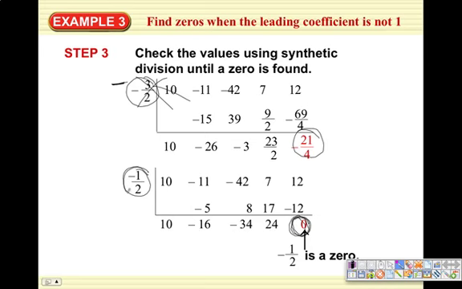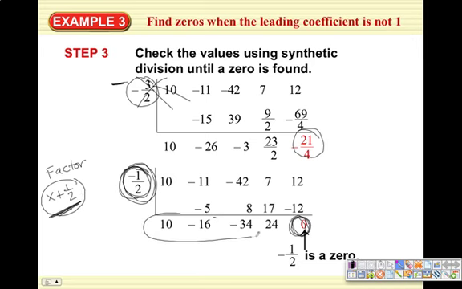Since that's a 0, that means x minus r, which is x plus 1/2, is a factor. But you could have gotten another factor by now. It has a few, so that might not have been the one you got, and that's okay, as long as you keep working at it. If x plus 1/2 is a factor, here is the other factor.